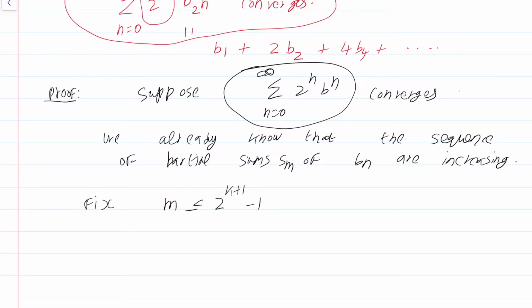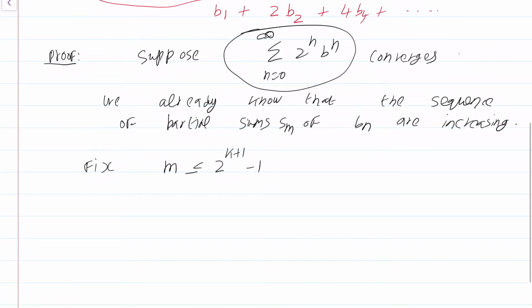Okay, fix m like this. Then Sm is certainly going to be less than or equal to S 2 power k plus 1 minus 1. The minus 1 is still there in the subscript. This is simply because, as I just remarked, the sequence of terms Bn is non-negative. Therefore, the sequence of partial sums will be increasing.